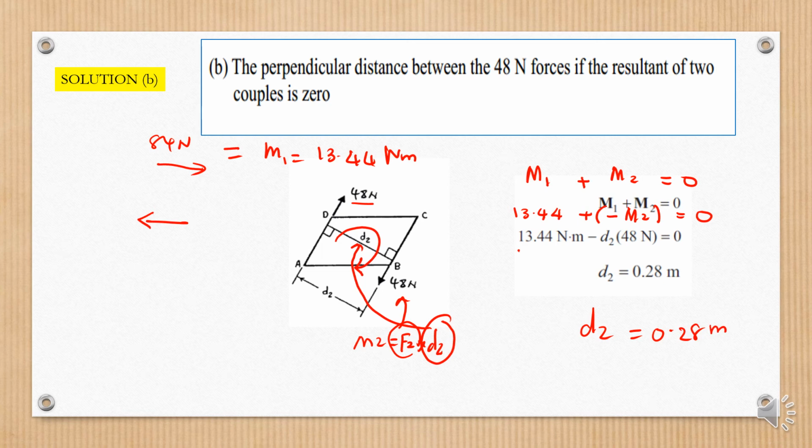Here it shows that the moments can be summed up together. In this case, the summation of the moments is equal to 0. After you know any of the information, just substitute and determine the unknown value. That's it.